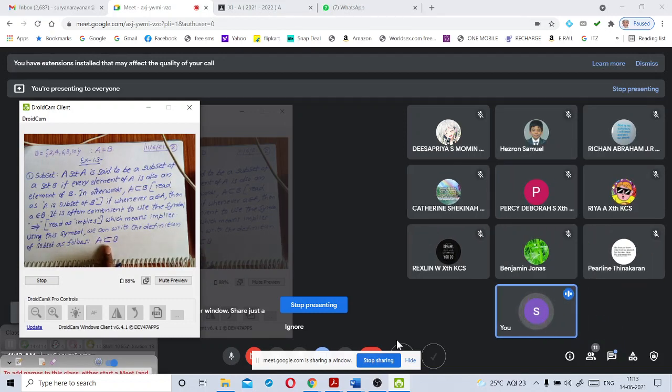How is this read? How will you read this symbol? All of you listen carefully, my children.